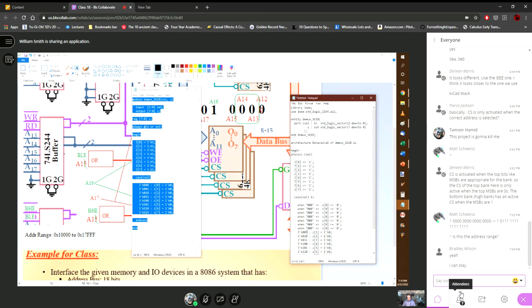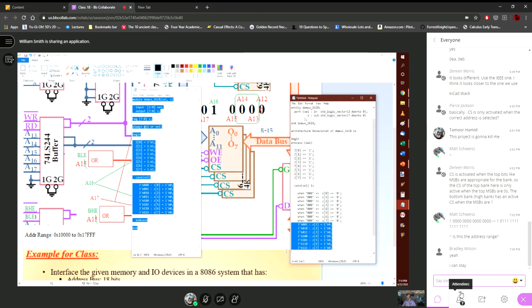More. 1, this becomes 2, this becomes 3, this becomes 4, this becomes 5, and 4, 6, this becomes 7, and then we're going to say end case with a semicolon.